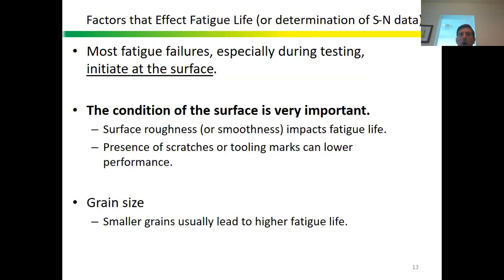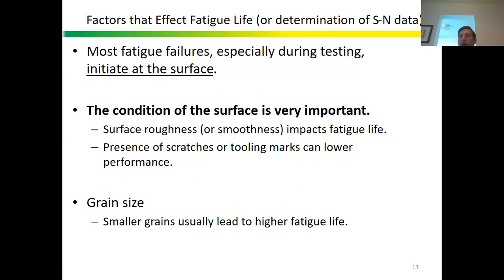All right, so when we talk about issues that affect fatigue life, one of the most important, especially as it pertains to testing in the lab, is the condition of the surface. When we buy these samples, they are machined and produced to have a really high quality surface finish, or we have you polish the samples using emery paper in the lab.